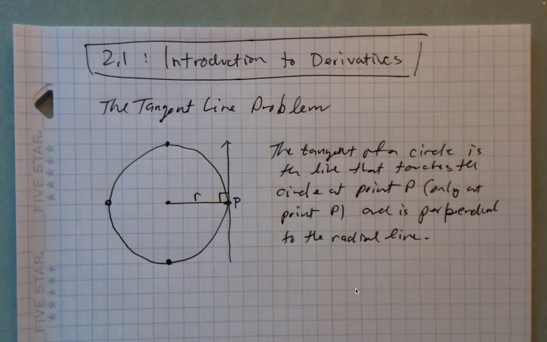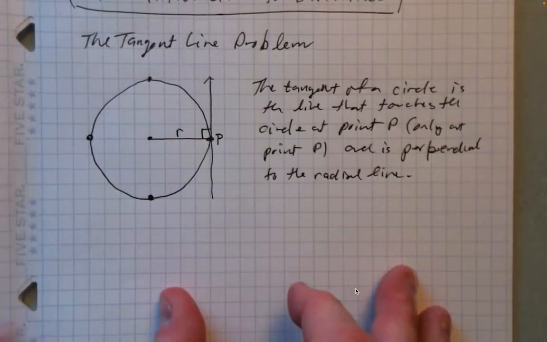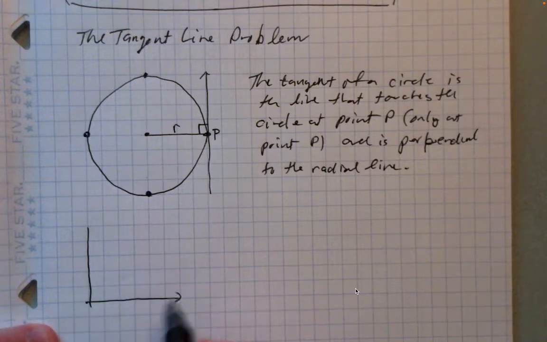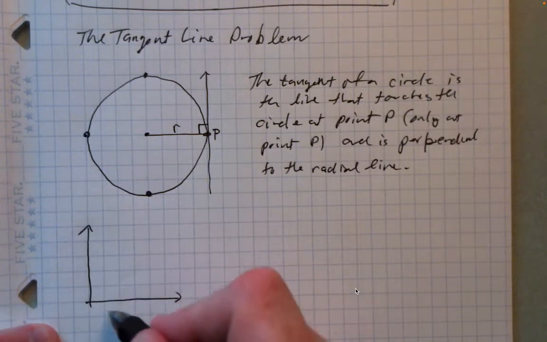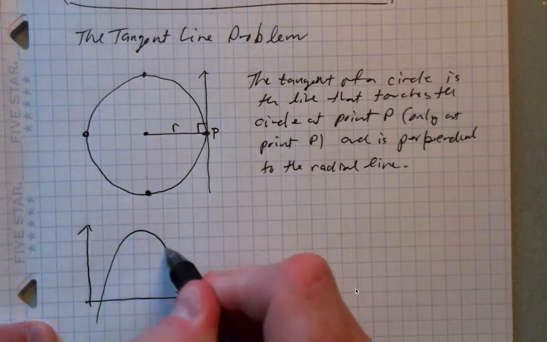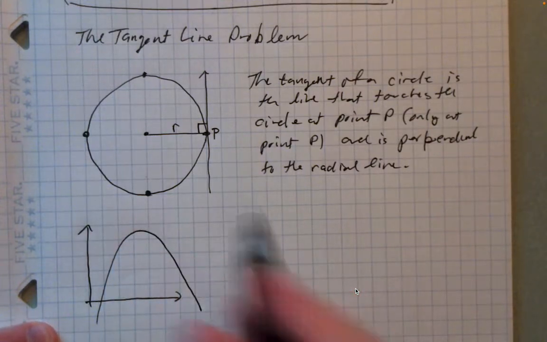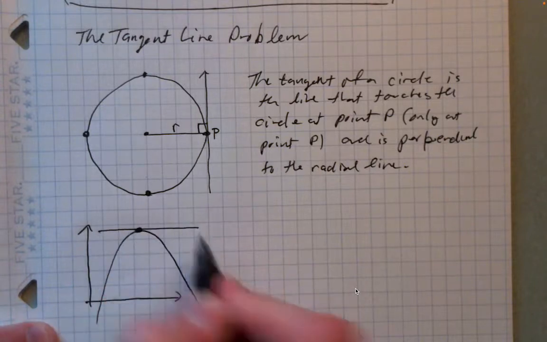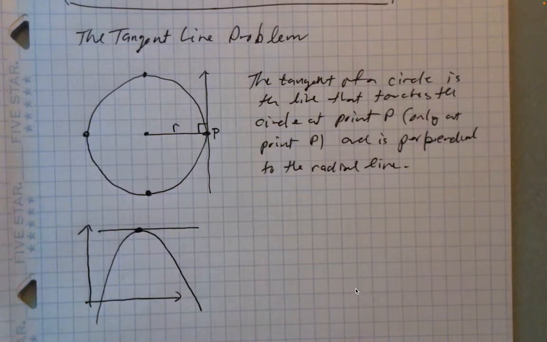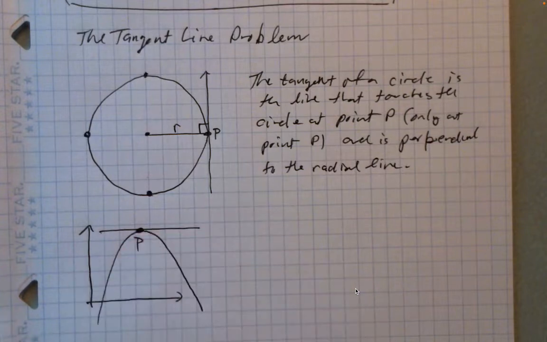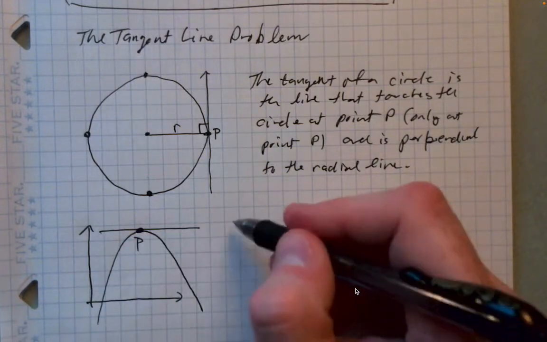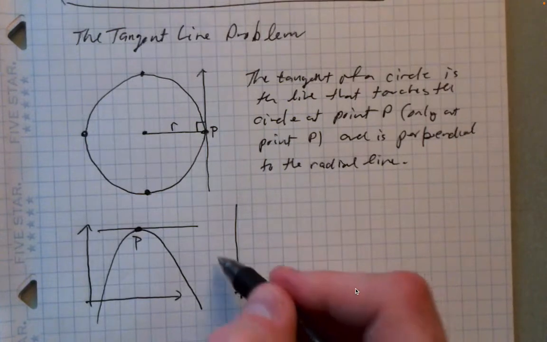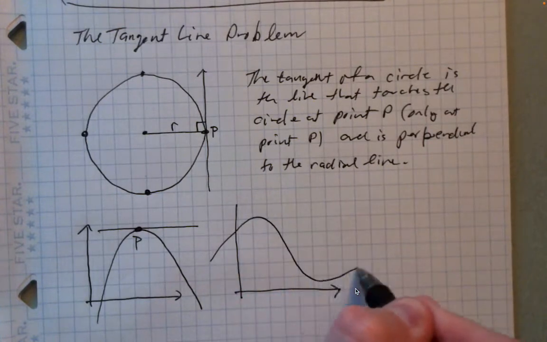Now what happens in the case of more general curves? So let's sketch in some examples, and we'll see. It's not quite as clean. Let's say I've got a curve that goes like this. And the tangent line here would look something like this, if that's P. Another example, what about a curve that goes like this?